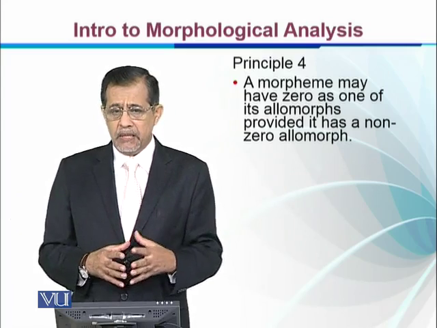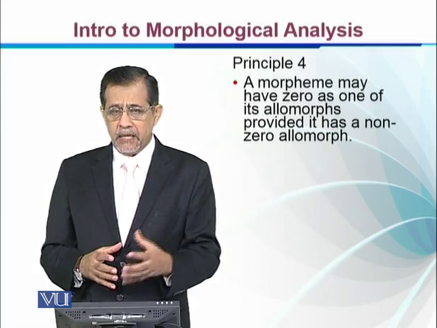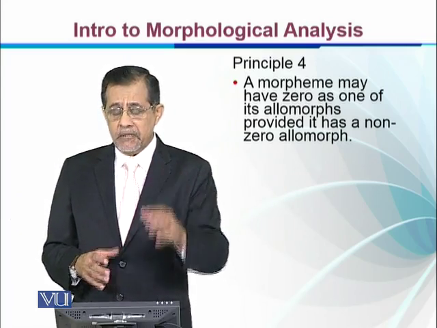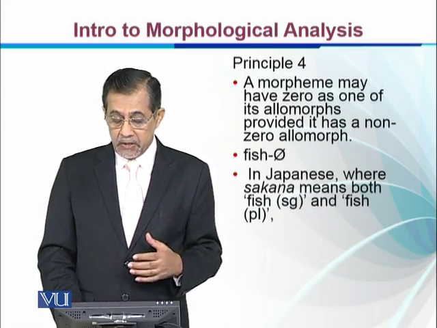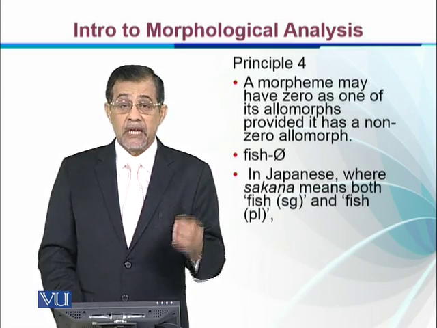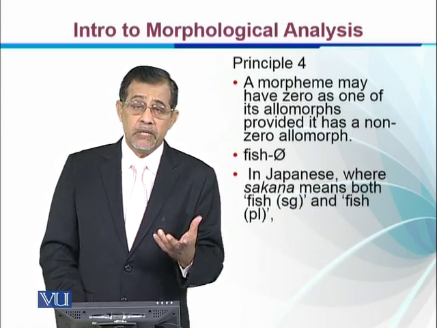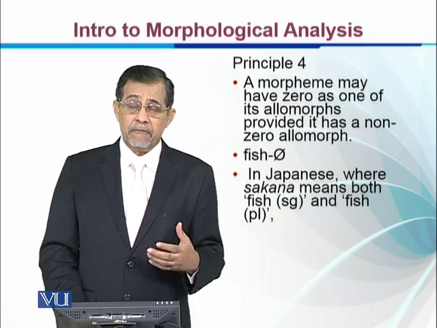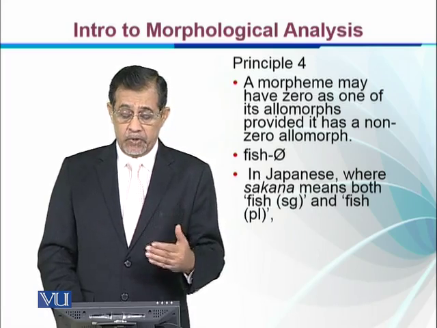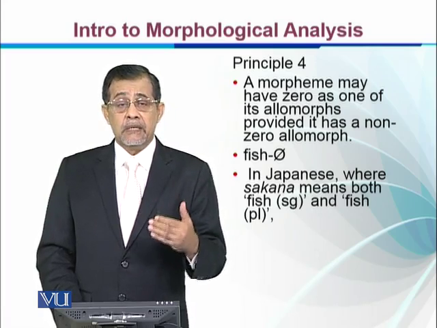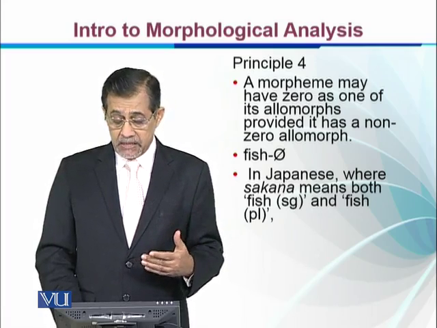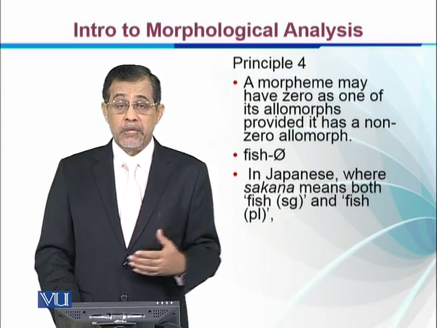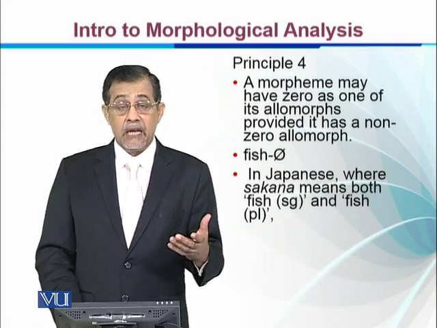For example, we can see this phenomenon in the Japanese language. So in Japanese, where kana means both singular fish and plural fish, we cannot say that the word kana can have a zero morph because it does not have a contrast with another allomorph.